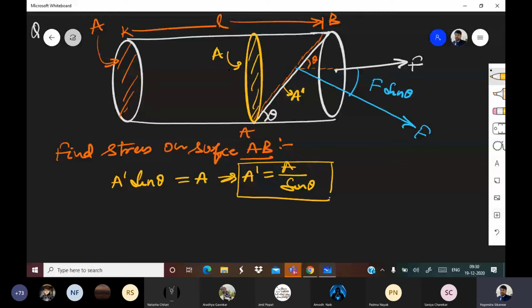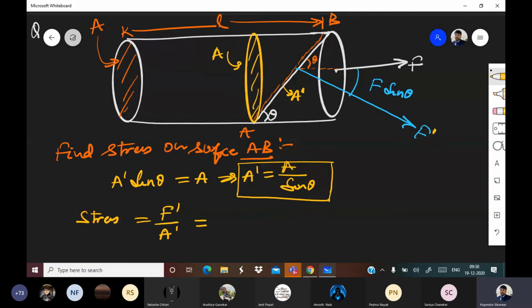So we have got A dash also, and we have got F sine theta also, or let me call it F dash. So stress will be F dash upon A dash.